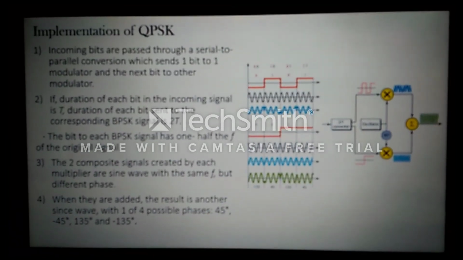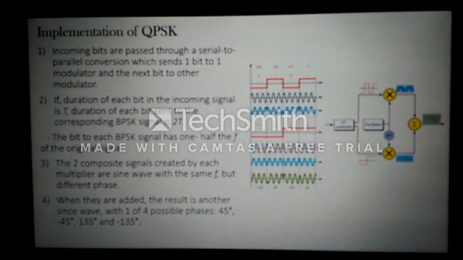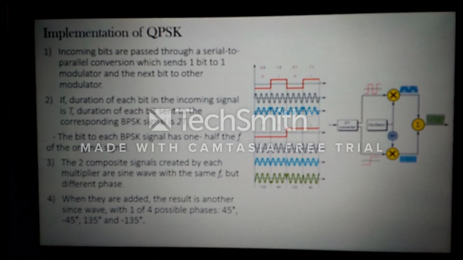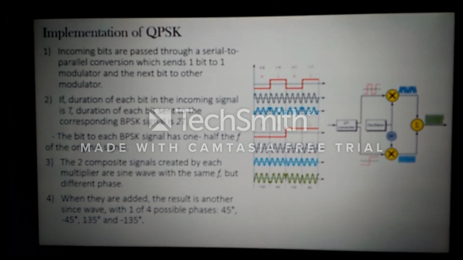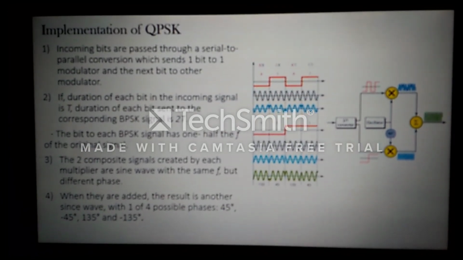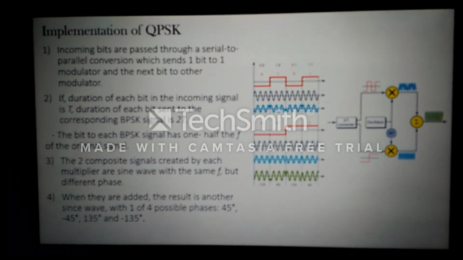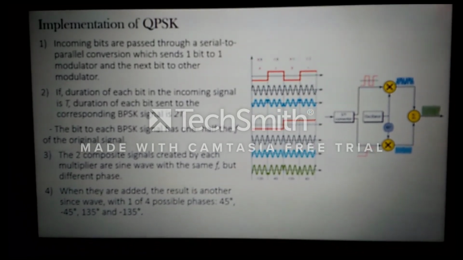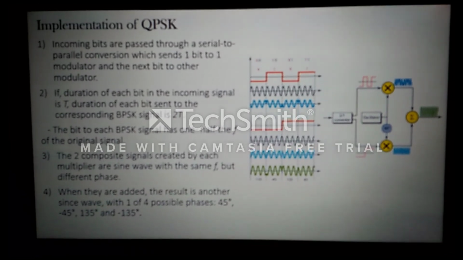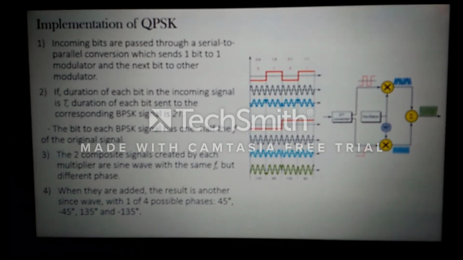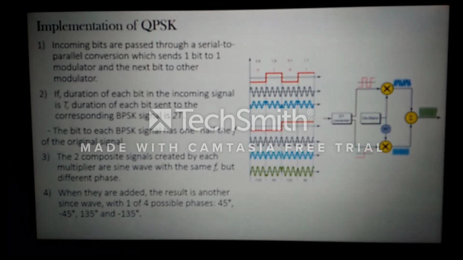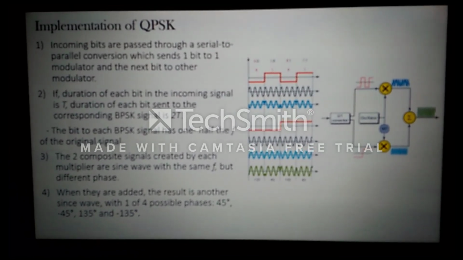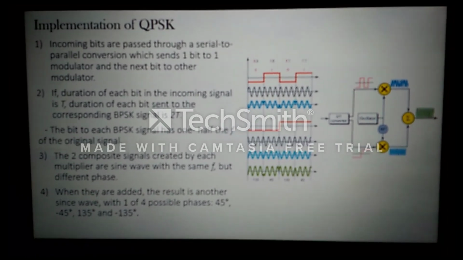The implementation of QPSK: incoming bits are passed through a serial to parallel conversion, which sends 1 bit to one modulator and the next bit to the other modulator. If the duration of each bit in the incoming signal is T, the duration of each bit sent to the corresponding BPSK signal is 2T. The peak of each BPSK signal has half the frequency of the original signal.